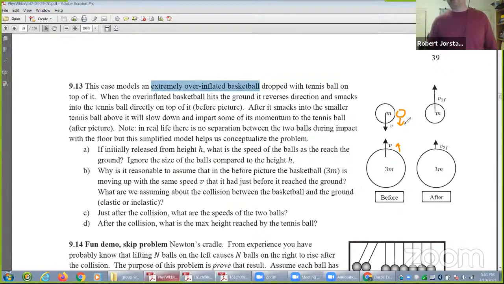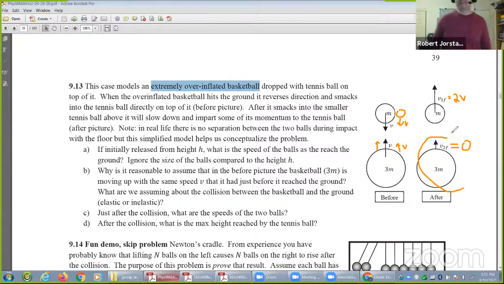You drop the tennis ball so it's coming down as the basketball is coming up, dropped almost exactly at the same time. So the basketball hits the ground and reverses direction right as the tennis ball is coming down. It's going to slam into it and go upwards. A crazy result happens. The basketball stops moving, and the tennis ball gets going twice as fast in the opposite direction.